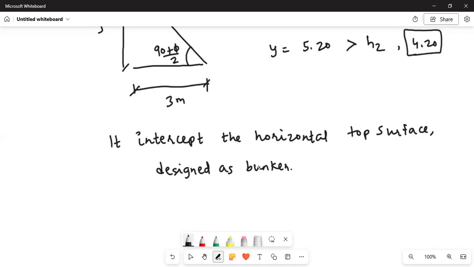Since volume is increased, weight is also increased, so we calculated weight according to the volume we have gotten. Then we checked whether, with the dimensions we decided, it is bunker or silos, and we are getting that it is a bunker.